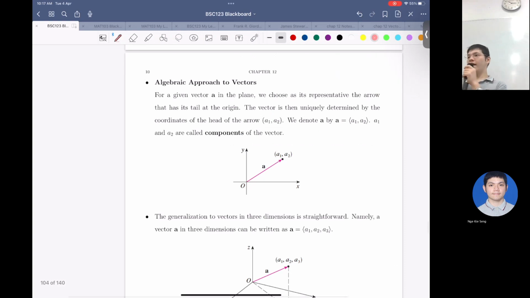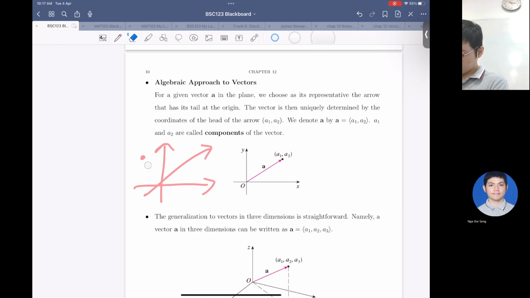So really every point in your space defines a vector. Any point in the space defines a vector.